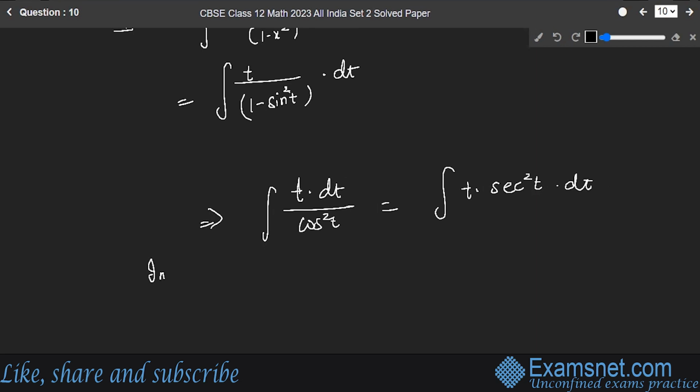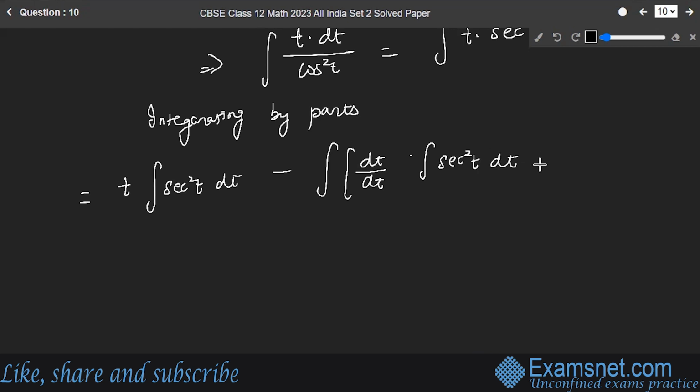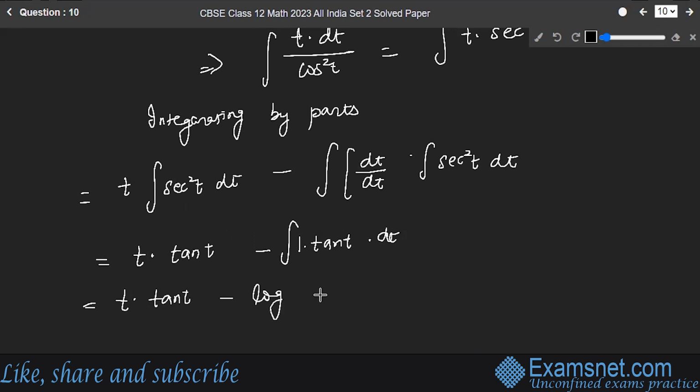Now integrating by parts, what you get is t times the integral of secant square t dt, minus the integral of the derivative of t times the integral of secant square t dt. That is equal to t into tangent t minus the integral of 1 into tangent t dt, which is equal to t into tangent t minus log of secant t plus c.